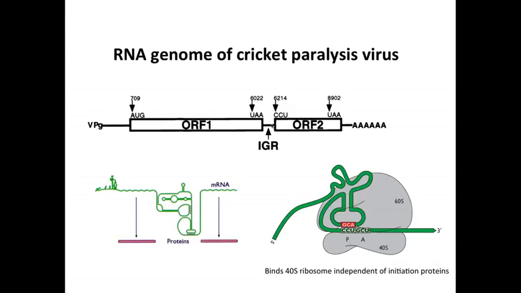Now, you need an IRES here between the 2 open reading frames because, well, actually, if you made a single polyprotein, you could process it to form all the proteins you needed. But apparently the virus has chosen to make 2 polyproteins. And to get this second one translated, you have to have an IRES here because ribosomes do not efficiently reinitiate after termination of the first open reading frame.